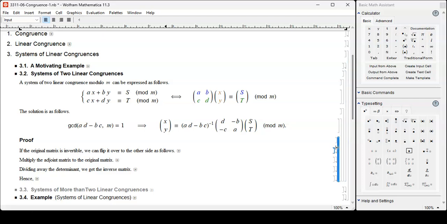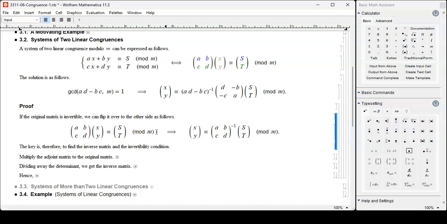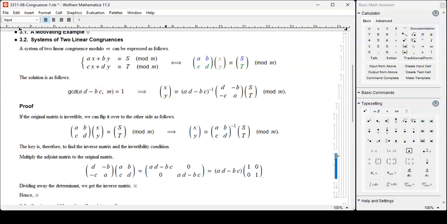It's going to be really a brief sketch of proof. So what we want is to turn this matrix expression of the congruence equation into this form, flipping over, and we get the inverse matrix there. And we want to prove that the inverse matrix is this. So we just go ahead and multiply them together.